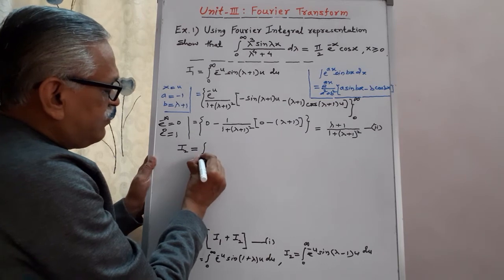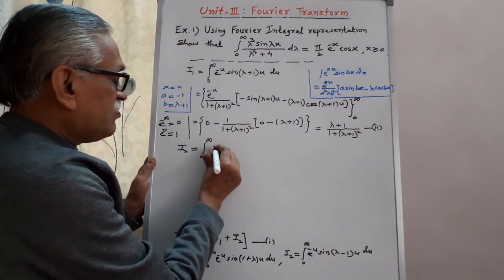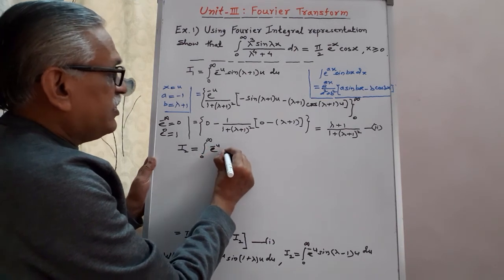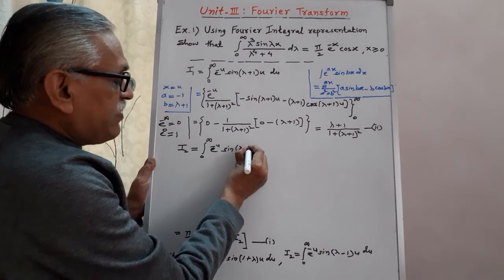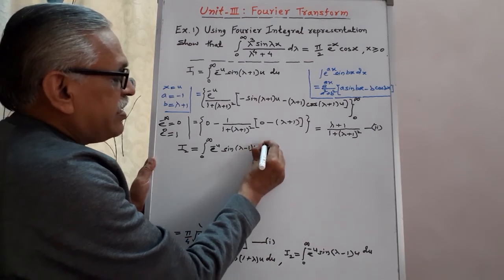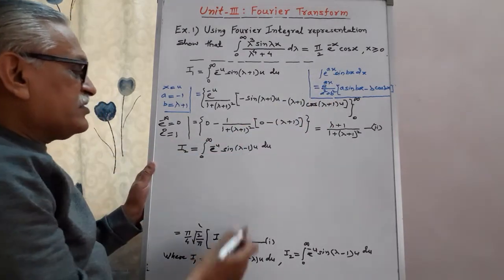again integration from 0 to infinity of e raised to minus u into sine of lambda minus 1 times u, with respect to u. Again we apply the same standard result.